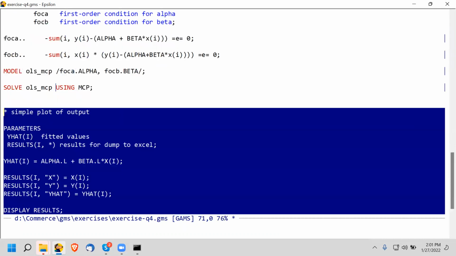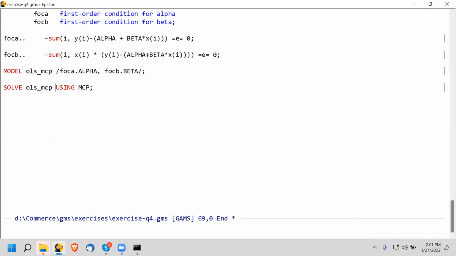We could do a plot of the output, but let's not worry about it right now.